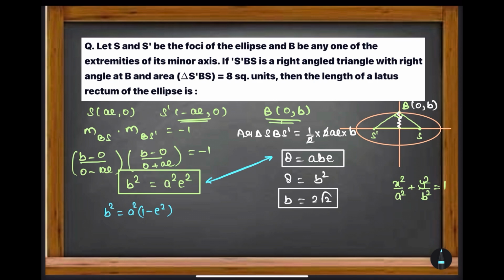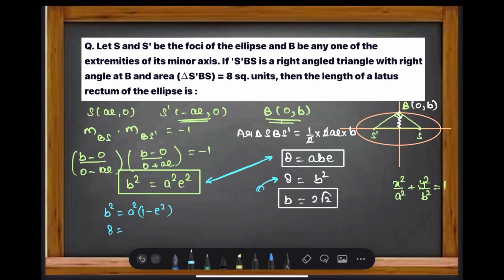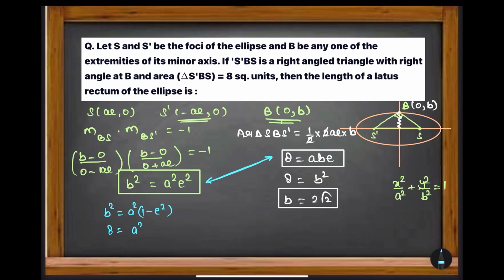Now can I write b square as 8, because you know the value? Now can I write b square equals a square minus a square e square? So who is a square e square? Look at this, it is b square. So can I write a square minus b square is 8?